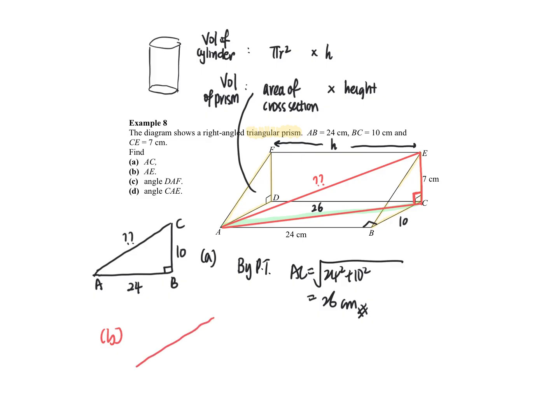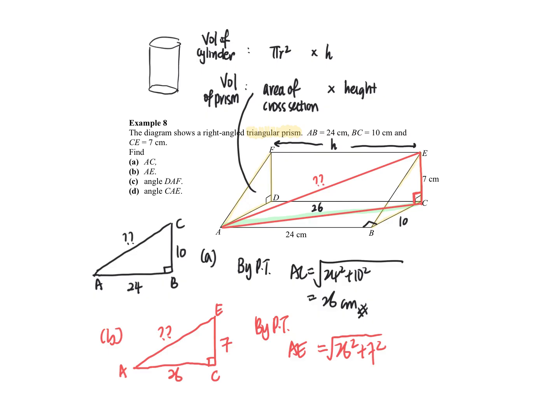So again, it's another Pythagoras theorem. It's just a lot of right angle triangles for you to deal with. Just now we found AC, right? The base is AC. So with that we can find AE. It's square root of 26 square plus 7 square.